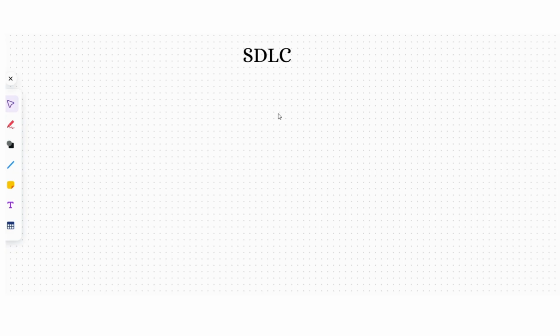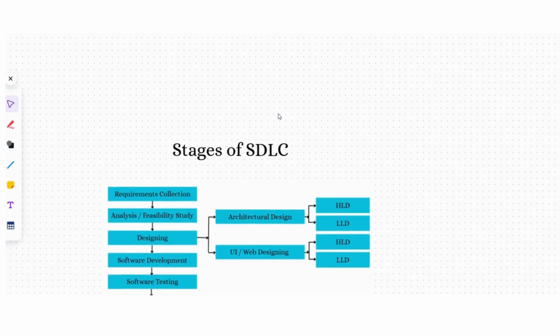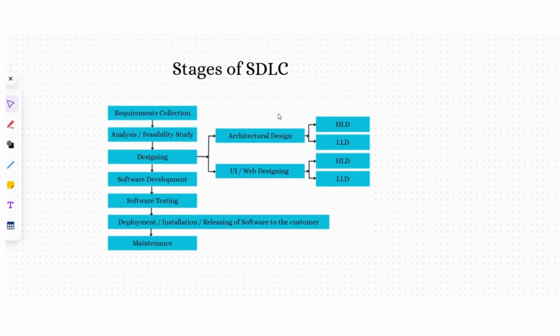In today's video, we are going to see the main seven stages of the software development lifecycle. As you can see here, there are mainly seven stages. The first is requirement collection, second is analysis or the feasibility study, the third is designing. In the designing there are two parts, architectural designing and UI or web designing.